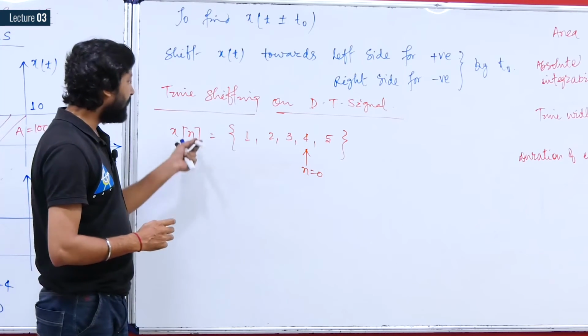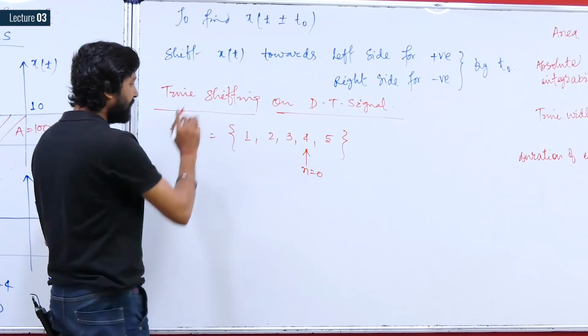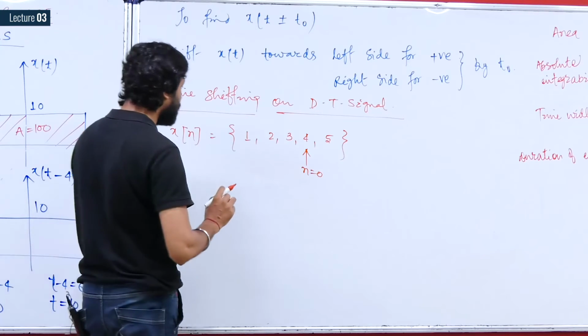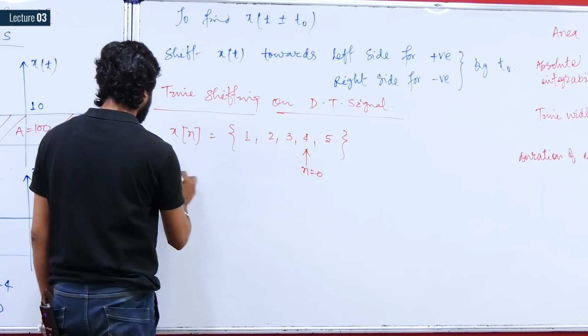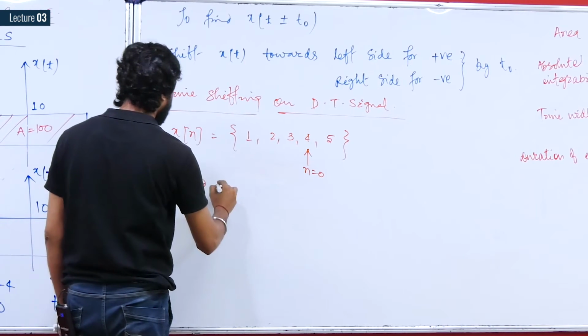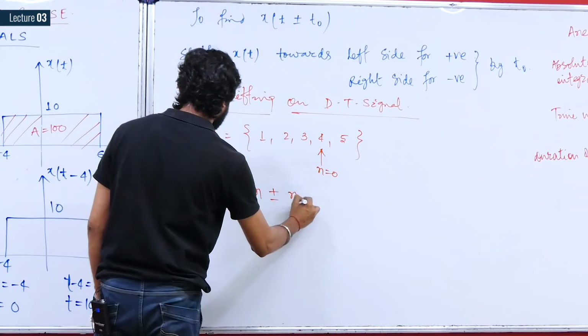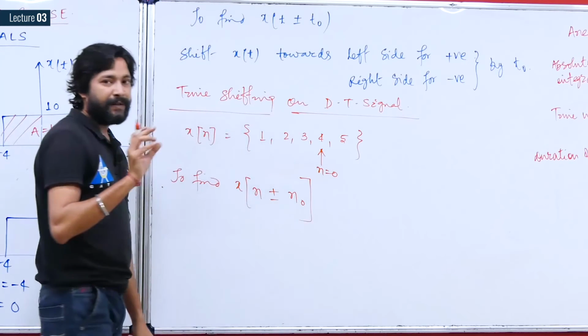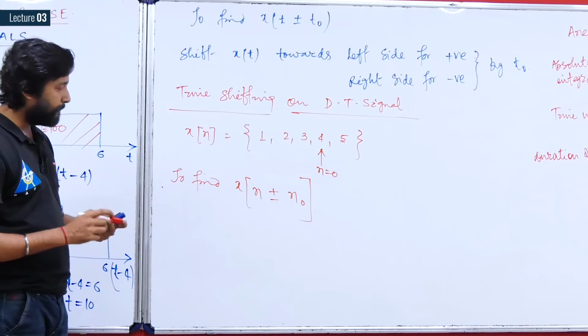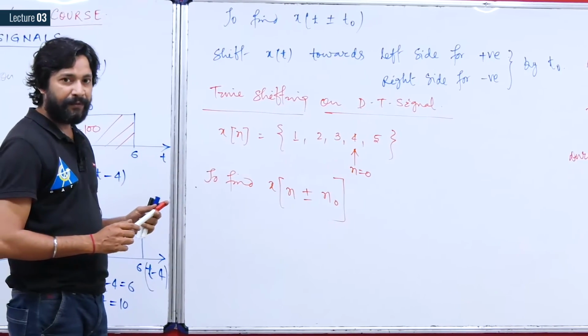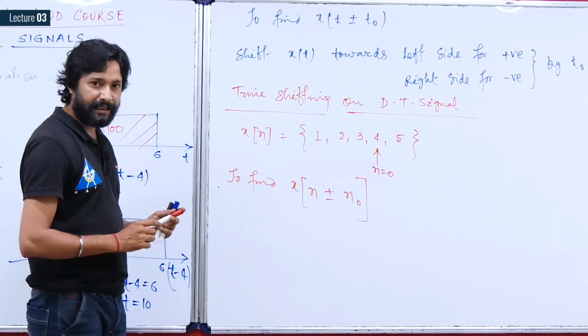Now again, if we want to find the time shifting operation for the given signal x of n, we will have to find x of n plus or minus n naught. Exactly the same definitions we are going to use here also. The same procedure will be followed as in the case of continuous time signal.